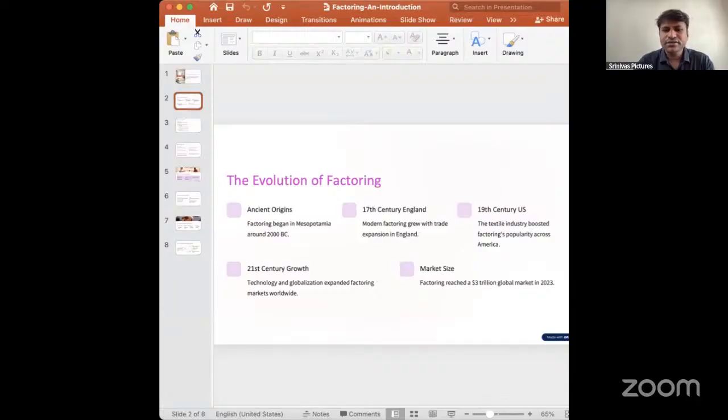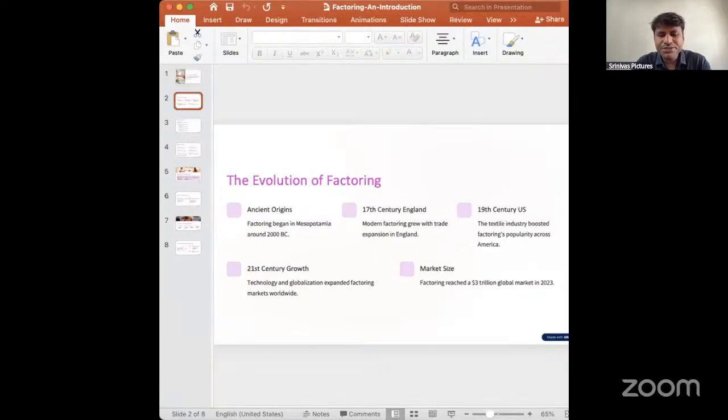Factoring evolution: ancient origins. Factoring began in Mesopotamia around 2000 BC. In the 17th century in England, modern factoring grew with trade expansion. In the 19th century, the textile industry boosted factoring, which became popular across America.